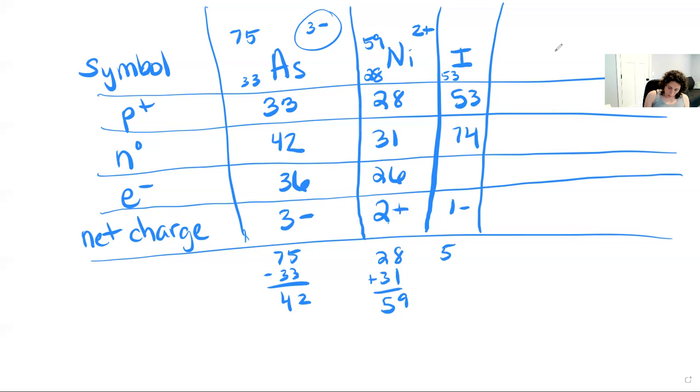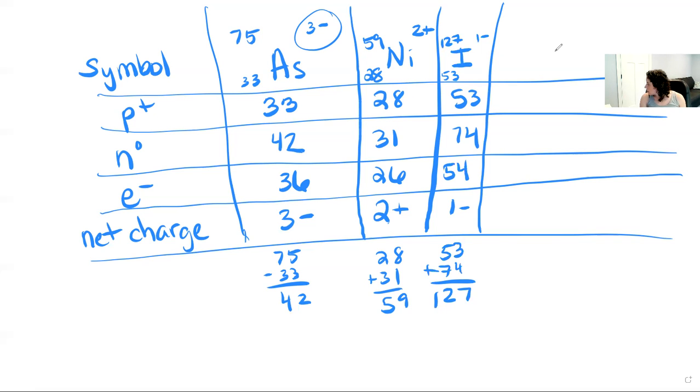If I add protons and neutrons, that will give me the mass number, 127. And this 1 minus in the net charge at the bottom will give me my charge symbol. And 1 minus, again, if you're going to go negative, that means you have an extra electron. So instead of the 53 on the neutral one matching the protons, we will have 54.